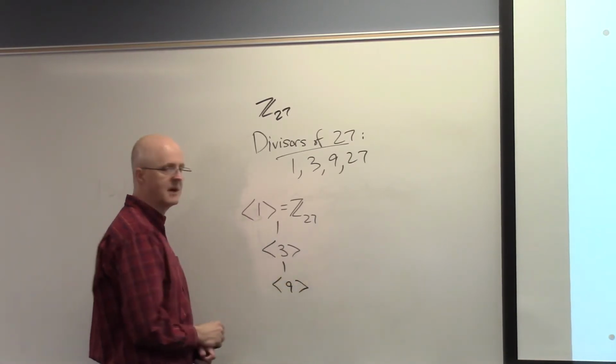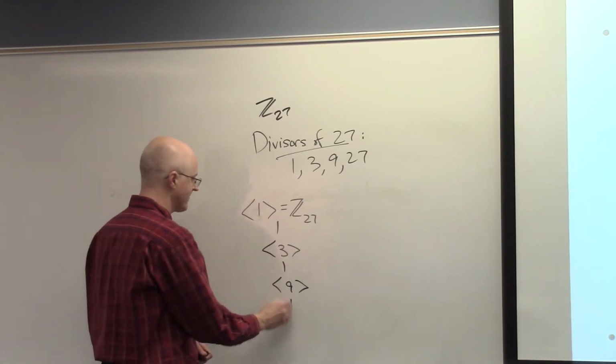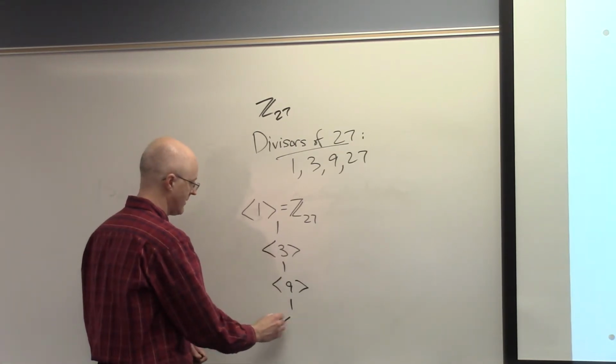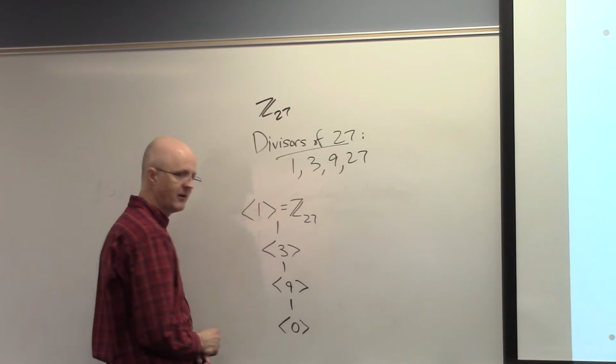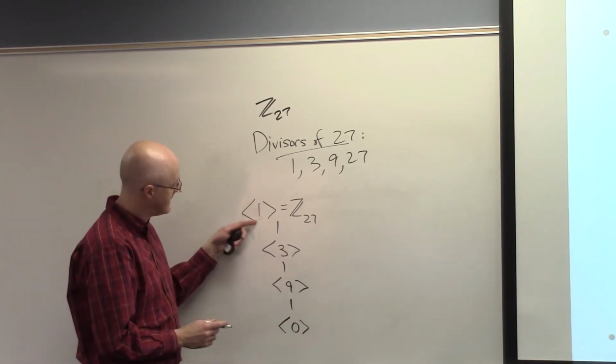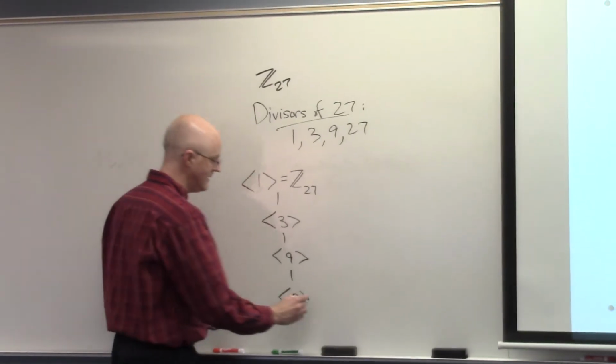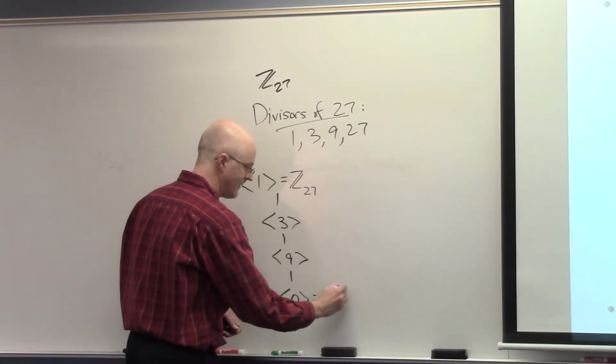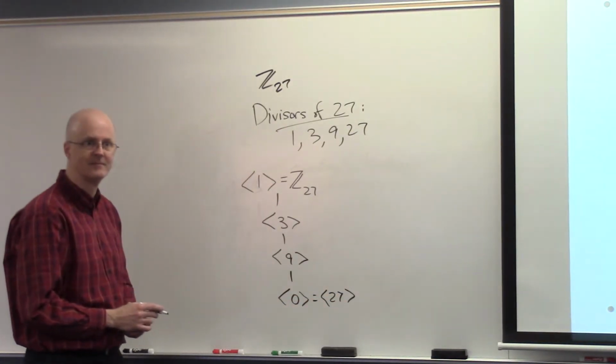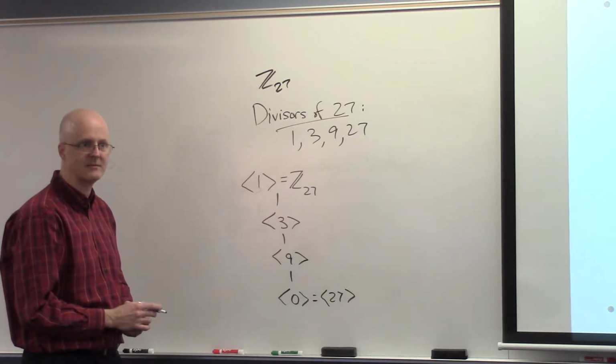Nine generates the subgroup of order 3. And then there's the trivial subgroup, which you can write with a 0 there, which seems a little funny because the numbers keep going up and up and up, and then they go down to 0. Well, you can think of it like that as well, 27 being the same as 0.